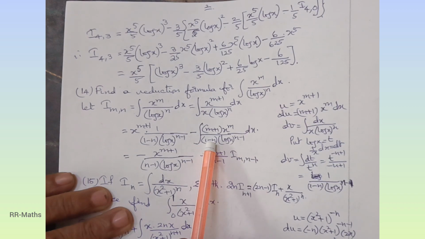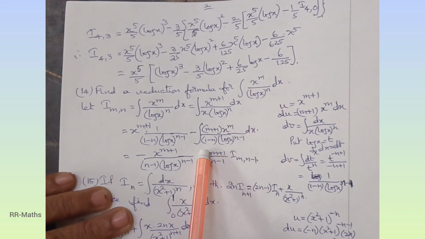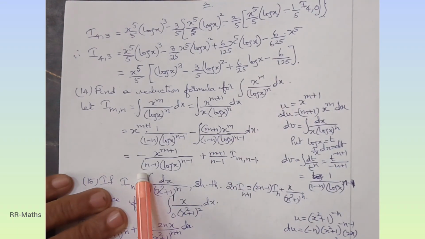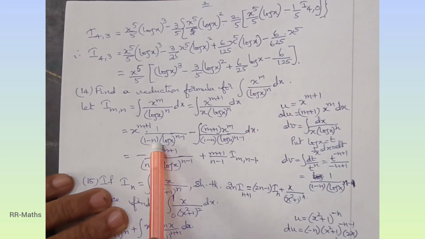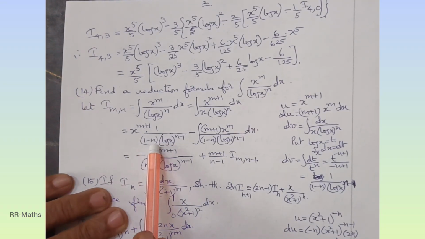So that gives you (m+1) into x^m divided by (1-n) into (log x)^(n-1). Now you change 1-n, you remove a minus sign, so that becomes minus into (n-1).